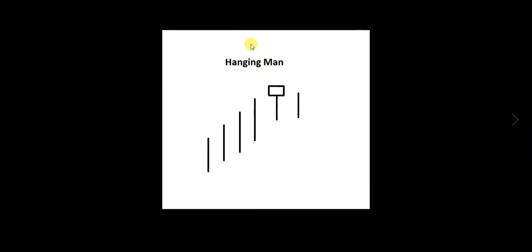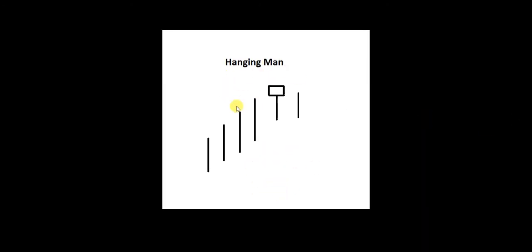Hanging man is the opposite of hammer. It has a big low shadow, but the hanging man has long shadows, low shadows. Here low shadows, here low shadows. But the difference is that the hanging man never happens in the downtrend.